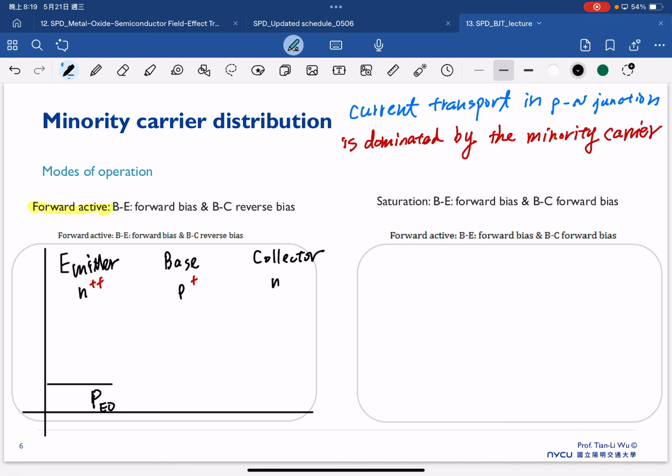concentration in the emitter. Similarly, we can also draw the minority carrier concentration in the base region. Roughly it will be here, N will be here, where this one is NB0 and this one is PC0.